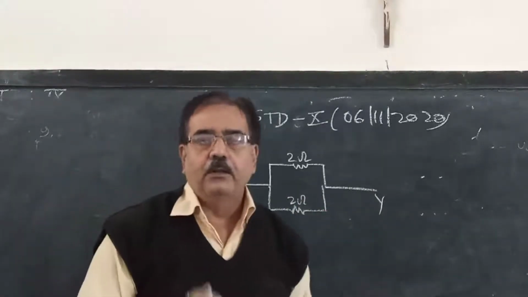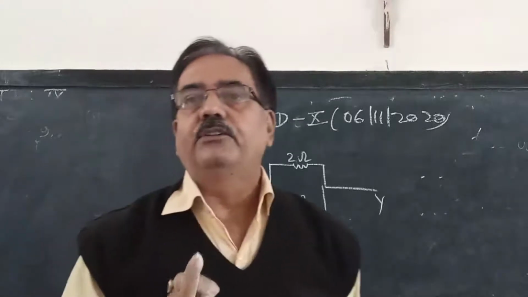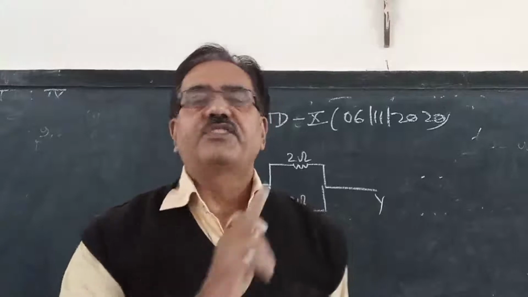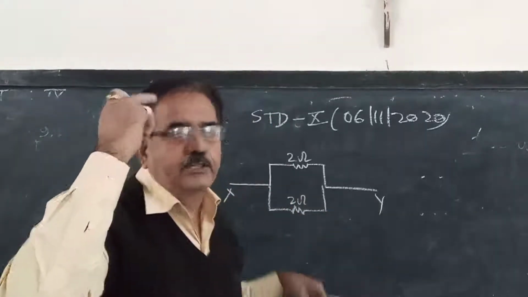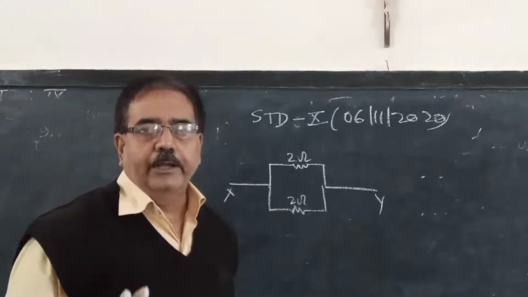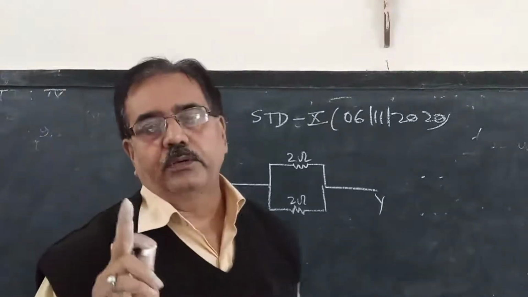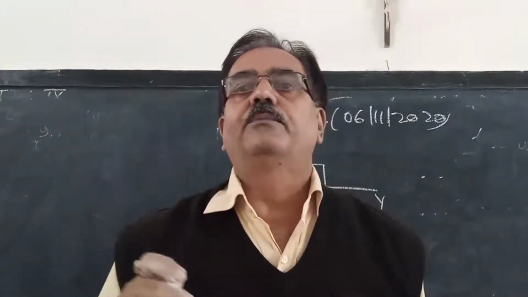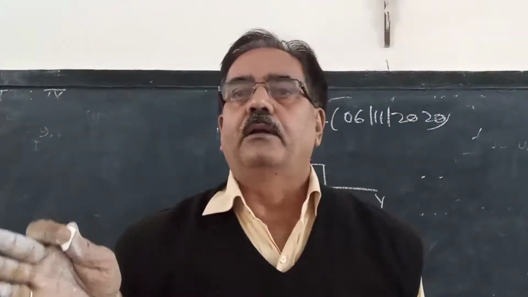Now, first of all, keep this in mind. Don't write it in your answer sheet. One terminal, you think it is positive, and the other, keep in mind, is negative. Keep X in mind as the positive terminal and Y as the negative terminal.